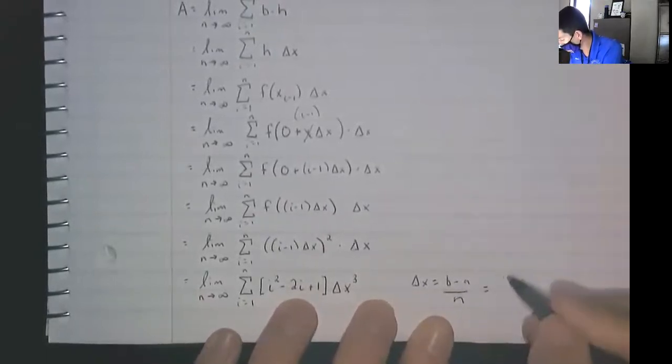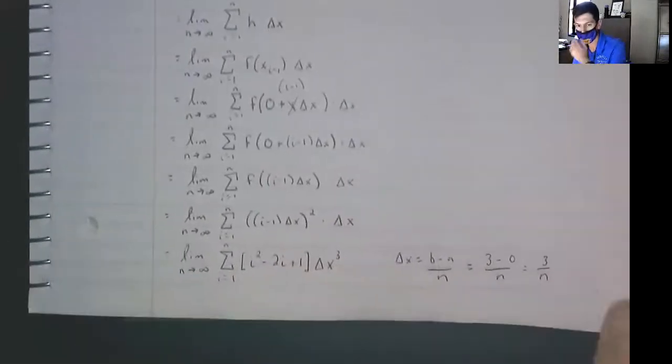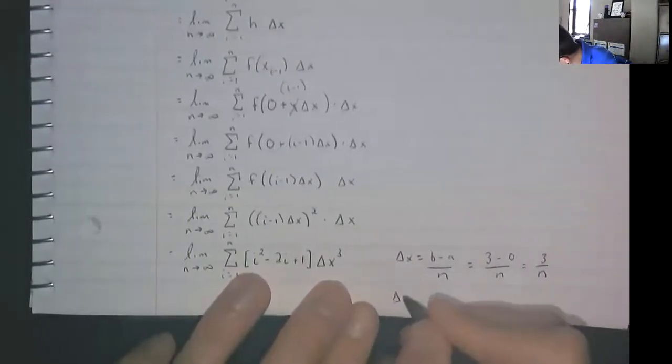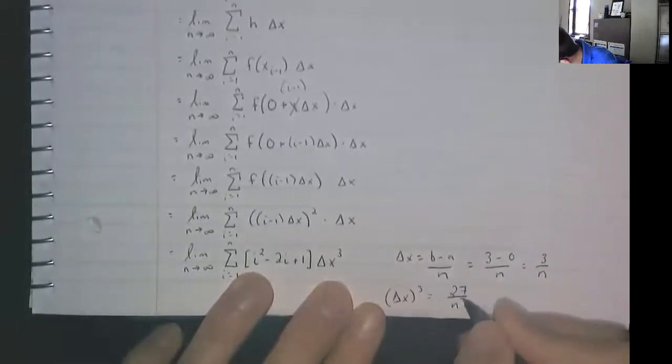Well, our b is 3 and our a is 0. And so delta x here is 3 over n, which means that delta x cubed is 27 over n cubed.